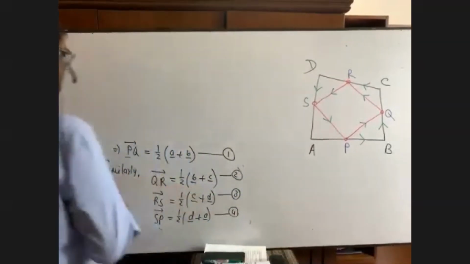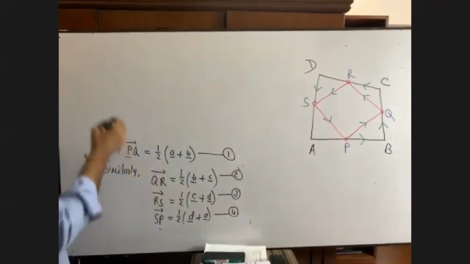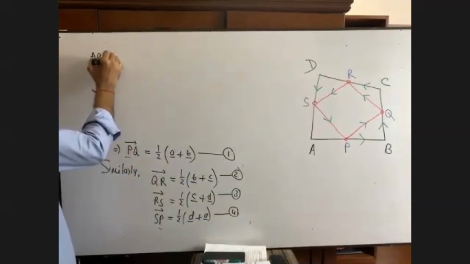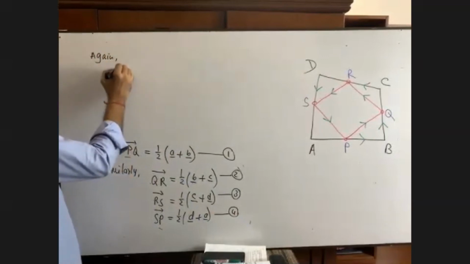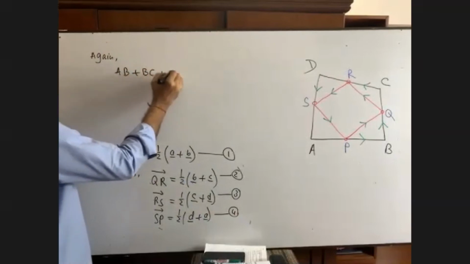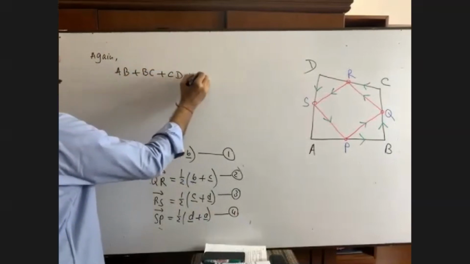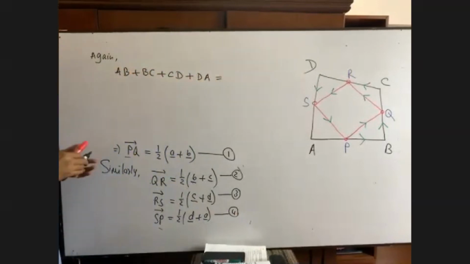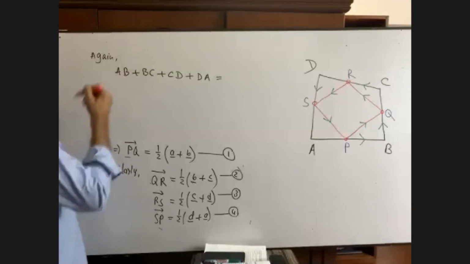Okay. Now we see again, if I go for writing this AB plus BC plus CD plus DA, what will be the result here?